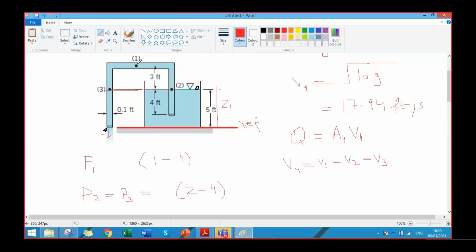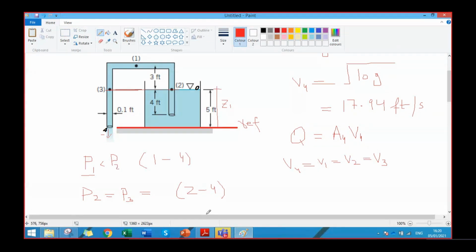It should be equal to the head at point 0, point 2, point 3, or point 4. We can see that the elevation head at point 1 is greater than the elevation head at points 2 and 3, which means there will be a decrease in the static head at point 1. So P1 will be less than P2 or P3 or P4. Clear?